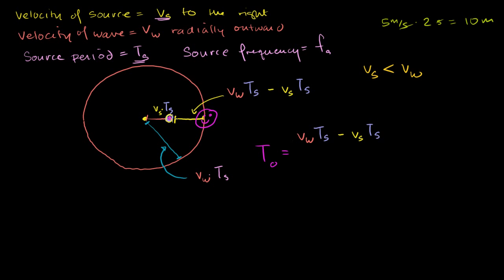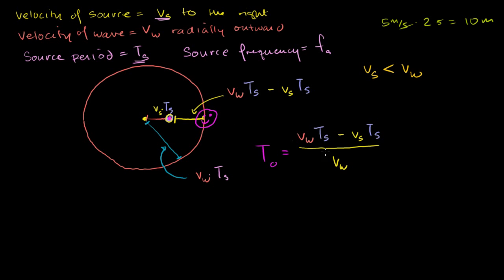So it's going to be this distance that that next pulse, the one that's getting emitted right at that moment, is going to travel, divided by the speed of the wave, and we know what that is. That is v sub w. Now, this gives us the period of the observation.